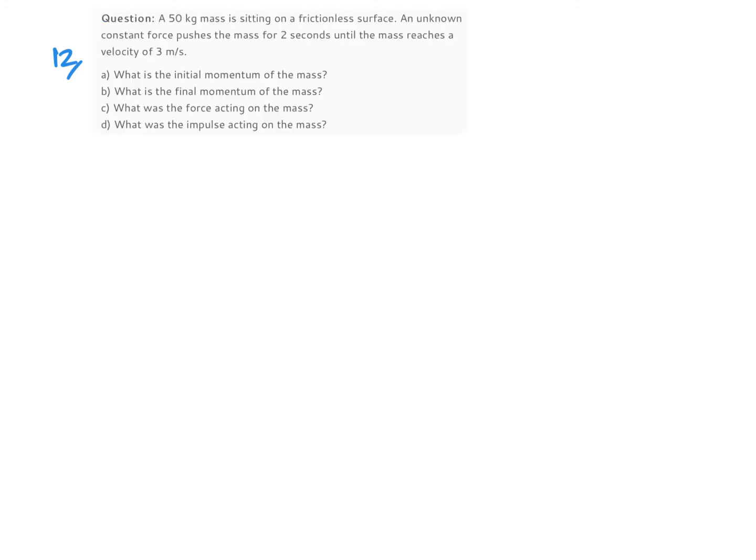And lastly, we just look at worked examples. I'll do a worked example based on a calculation and one based on a graph. So here's an example I found online. I'm going to change the order a wee bit and do D before C, but let's start with A. The initial momentum of the mass, well, it's not moving, so P1 equals 0 kilogram meters per second.